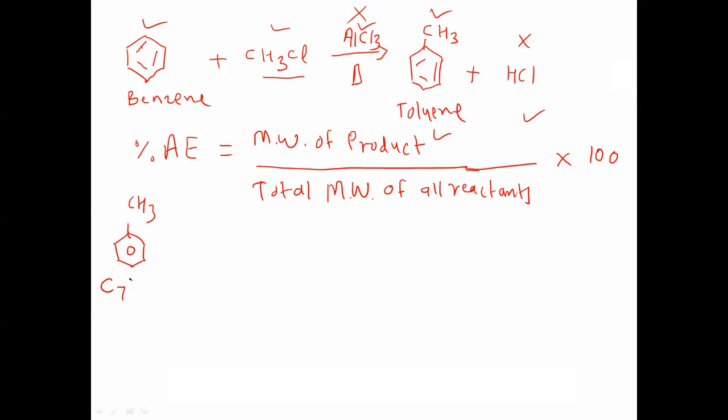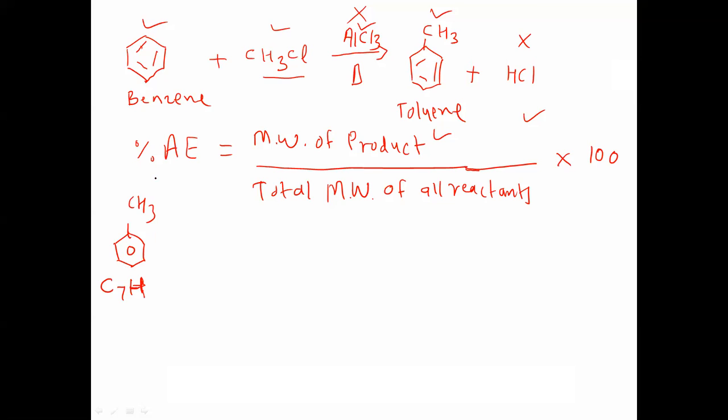Then hydrogen. Since there is no oxygen, only carbon and hydrogen need to be calculated. Here in the methyl group we have 3 hydrogens, clearly displayed, but when you look at the ring, hydrogen atoms are not displayed, they are hidden. So how to find out hydrogen? Just by counting bonds.